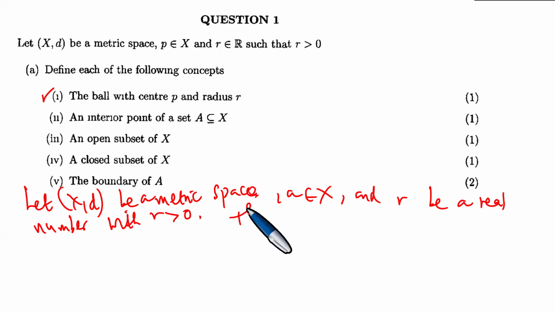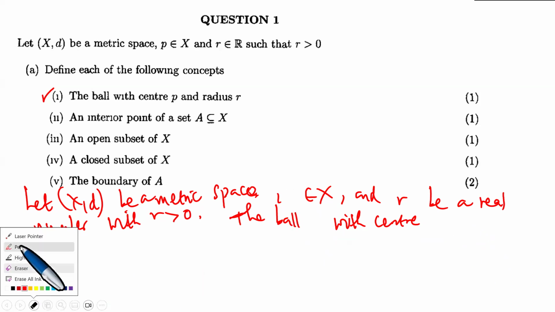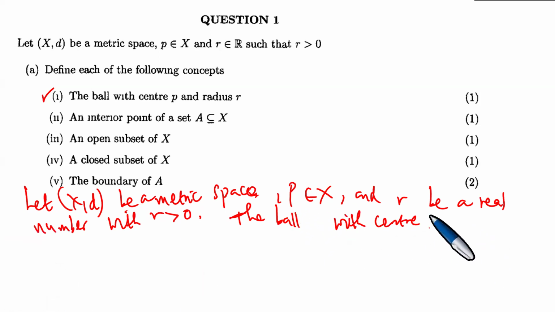The ball with center a, we can call the center p, so let us take this to be p.